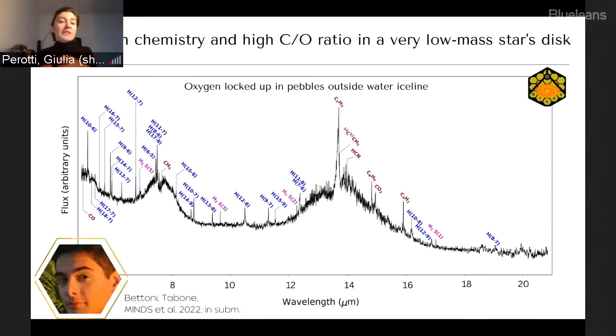And this indicates the oxygen must be locked up in non-migrating pebbles that are located outside the water ice line. The carbon to oxygen ratio in these regions is greater than 1, which is a significant indication for the composition of the planets that might be formed around these very low mass objects.